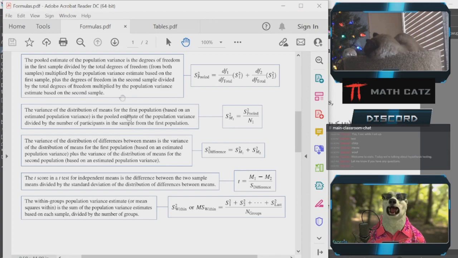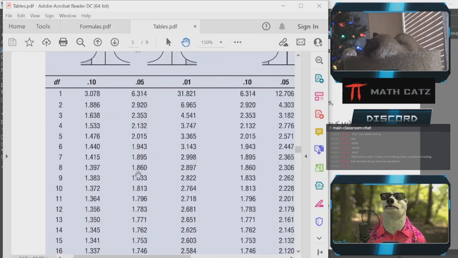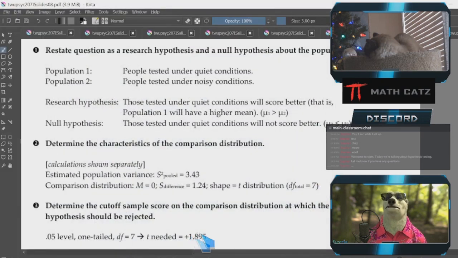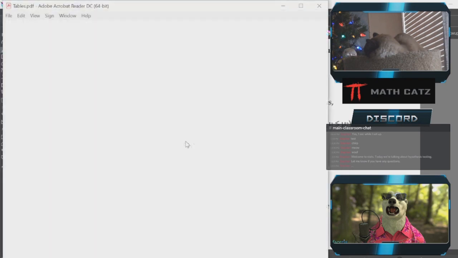Let's go check the table here. One-tailed, 5%, 7, 1.895. So these variance formulas, before I forget, are, oops, I pressed too many things at once.